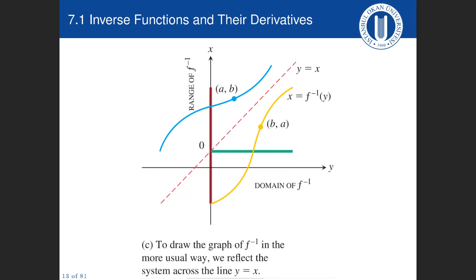For example, if the blue curve is y equal to f of x, then we can do its mirror image to find the orange curve, sorry, the yellow curve, which is then the graph of f inverse.